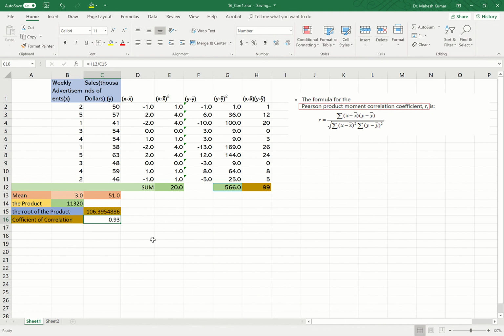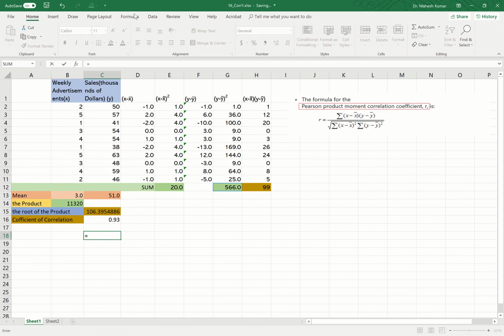And you must be wondering that we did all these steps to understand the concept, but does Excel compute the coefficient of correlation? Answer is yes. We will prove our answer with the answer of Excel.